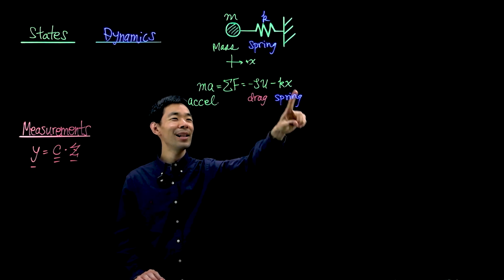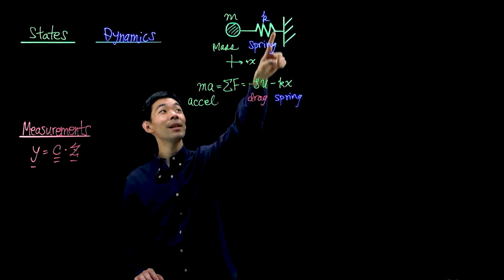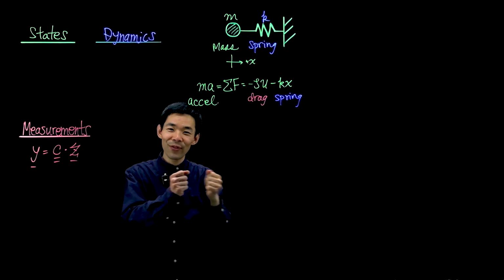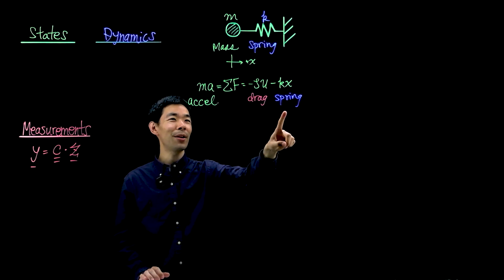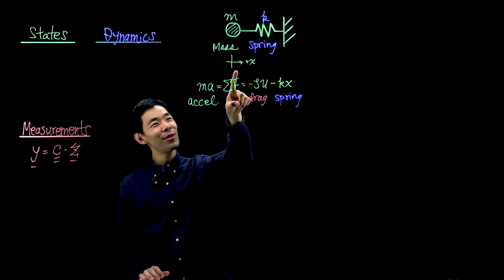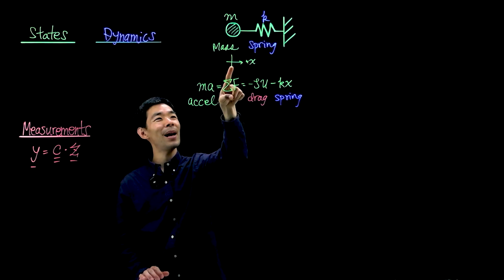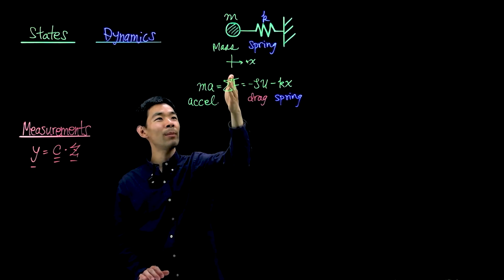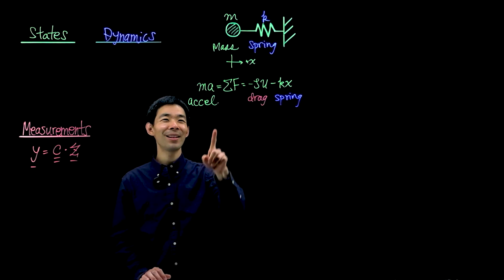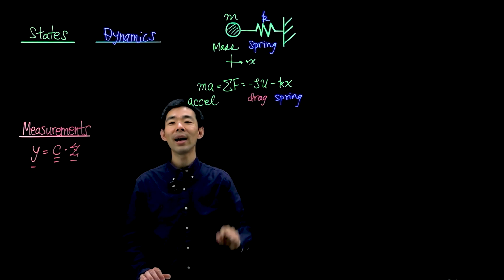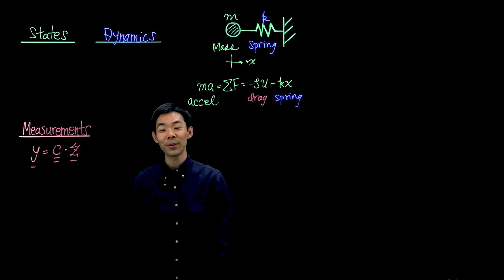And finally, on the right-hand side, we have a spring force coming from the elastic restoration force from a harmonic Hookean spring. That's listed right here. So what we're measuring is the position of this mass x from some equilibrium position in the positive and negative direction. And it's got forces of acceleration, drag, and the elastic spring force.